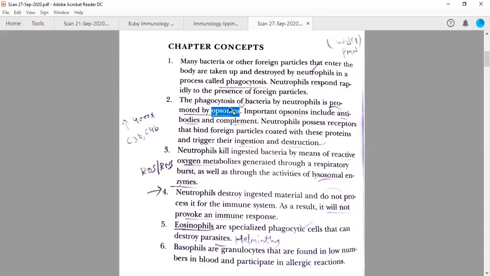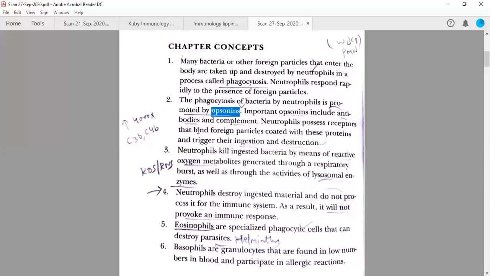It means coating the antigen with either antibodies, C3b, or C4b, and finally being taken up by the macrophages is known as opsonization. Important opsonins include antibodies and complement proteins, including C3b and C4b, which are protein fragments.